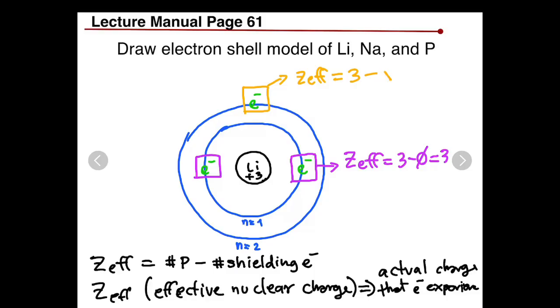That means the effective nuclear charge that the outer electron would experience for lithium would be 1. Again, the higher the effective nuclear charge, the stronger the attractive force.